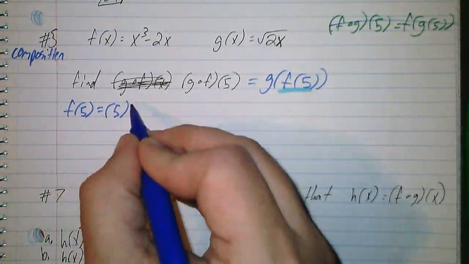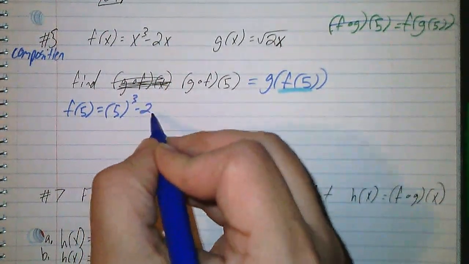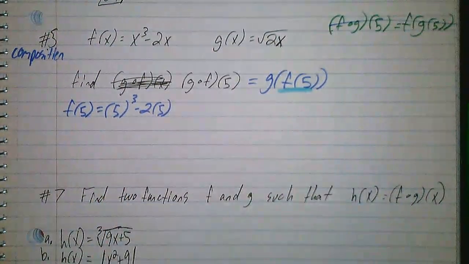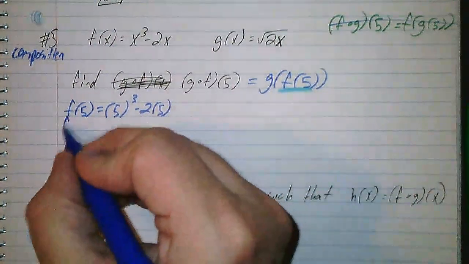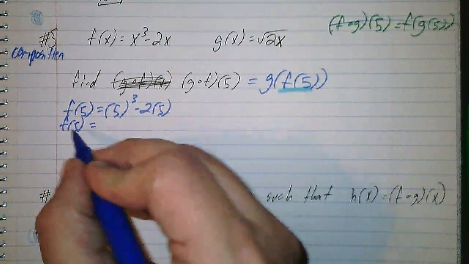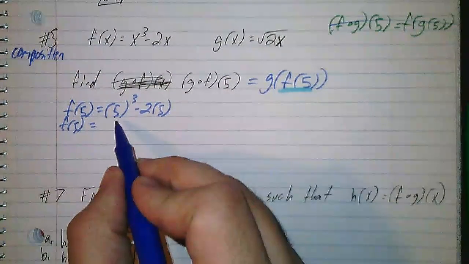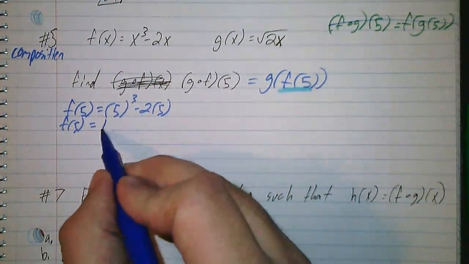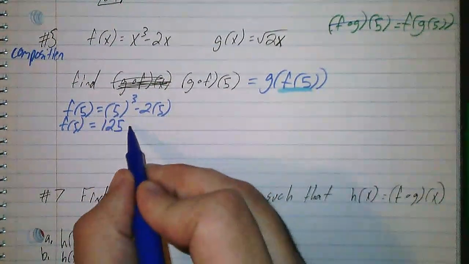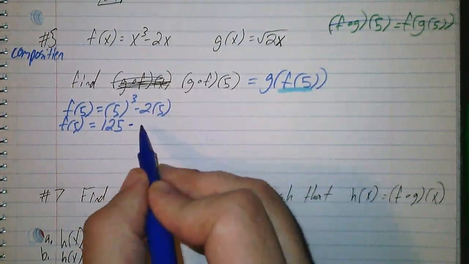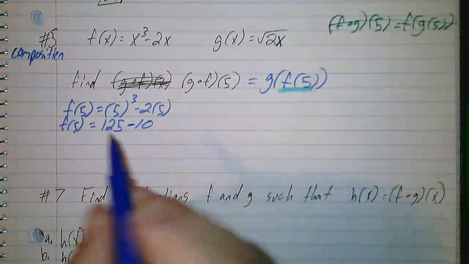So I go up here. Wherever there is an x, I replace it with 5. So the left side just carries down. 5 cubed, 5 times 5 is 25, times 5 again is 125. Negative 2 times 5 is a negative 10, so we subtract.